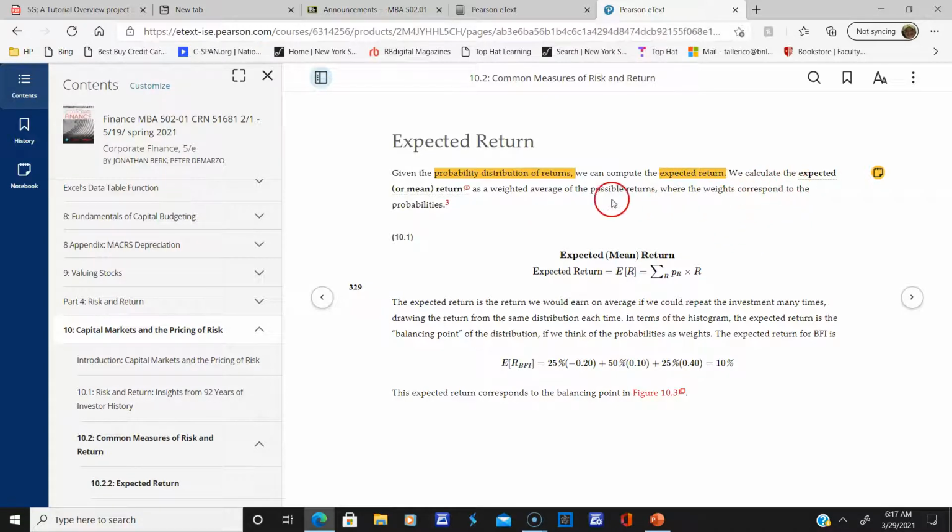So we calculate the expected or mean return, and on the average payoff expected, but it has probabilities associated with it. So there's a couple different terms for this. So this is a weighted average of the possible returns where the weights will correspond to the probabilities. So this is the equation. So all you simply do is take the sum of each probability times the return, okay?